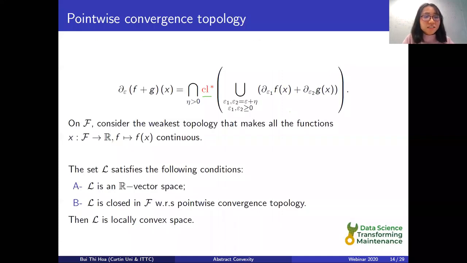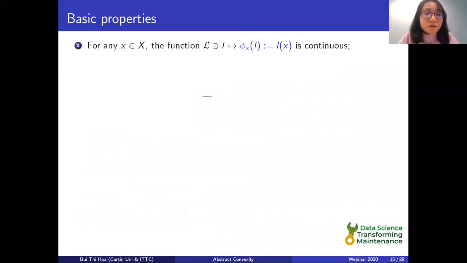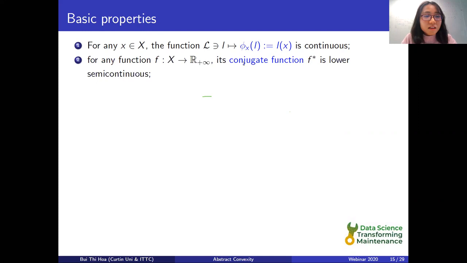So with this topology, what properties do we have? Keep in mind that this is the very first time we study a topology in the abstract convex space. All the functions x here are continuous, which is obvious from the definition. The conjugate functions are lower semi-continuous.